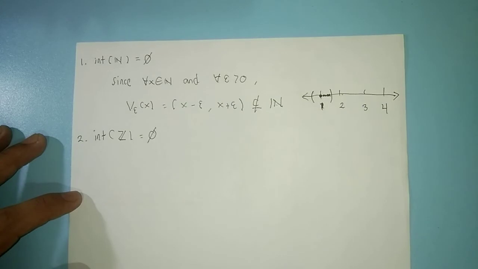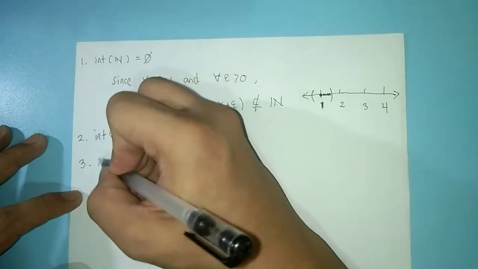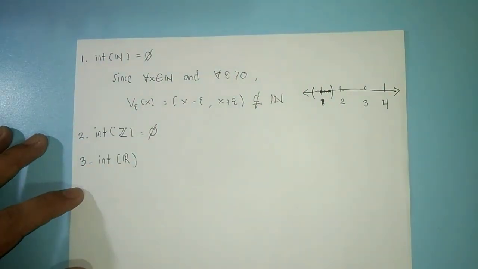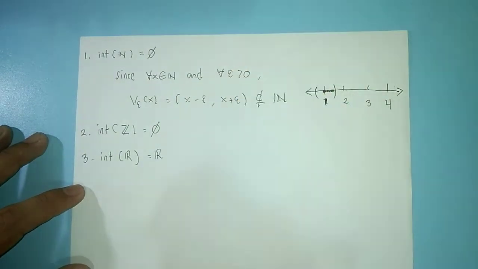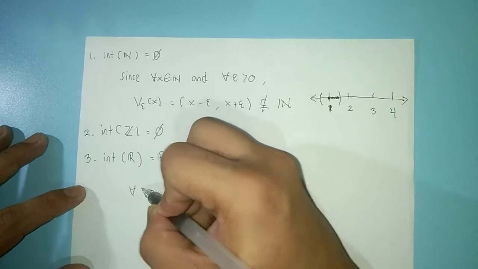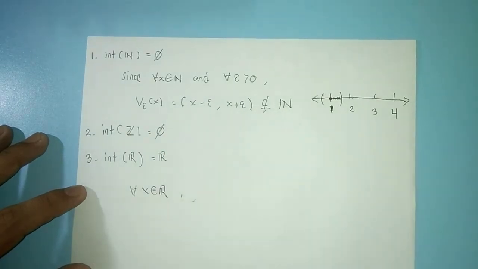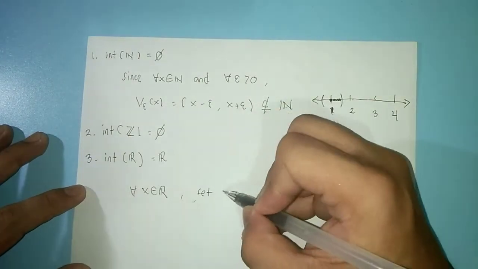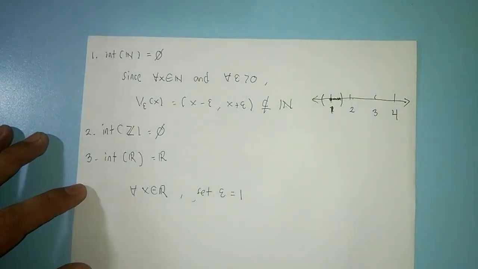Okay? So next, how about interior naman ng set of real numbers? Okay? So, yung interior of set of real numbers ay yung buong real numbers din. Bakit? Kasi for any real number x, makakapag-provide tayo, let's say, i-set natin yung epsilon to be equal to 1. Kasi nga, ang kailangan lang naman natin, mag-provide lang tayo ng kahit isang epsilon.